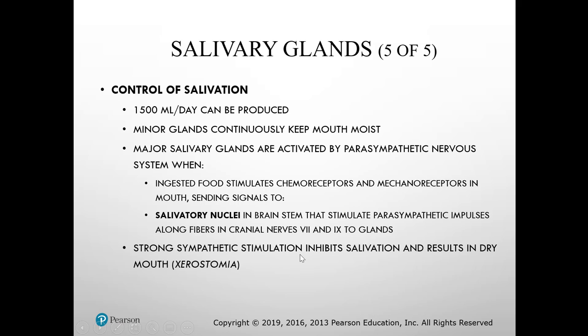And there is strong sympathetic stimulation inhibiting salivation and results in dry mouth, which is what we're talking about, xerostomia. So the smell or the sight of food or even an upset GI tract can act as a stimulus in salivation.